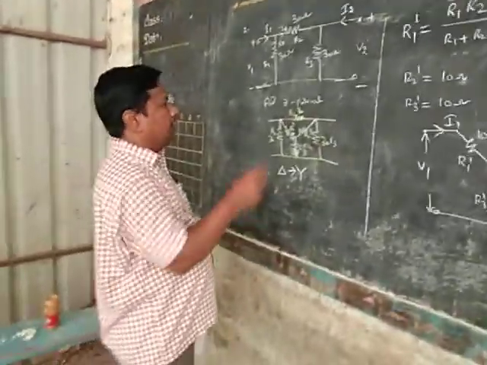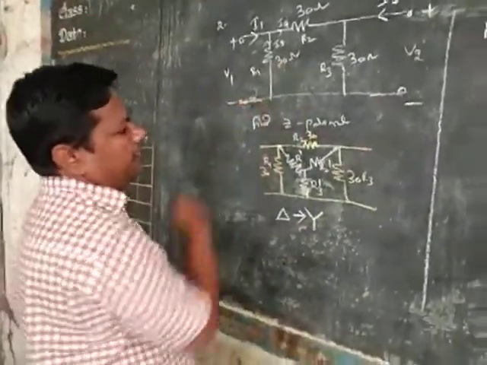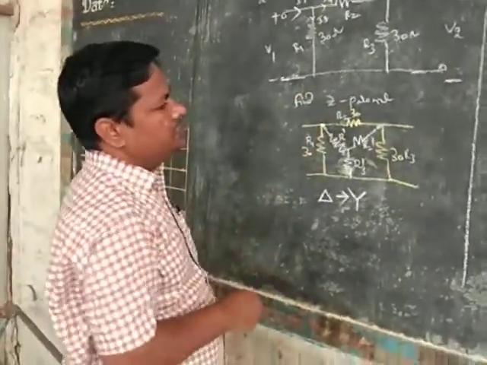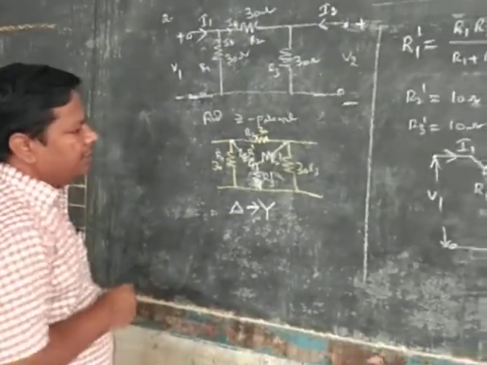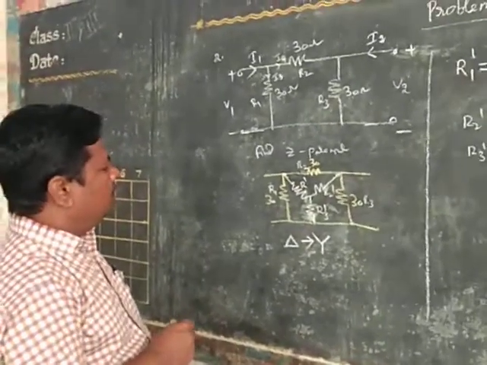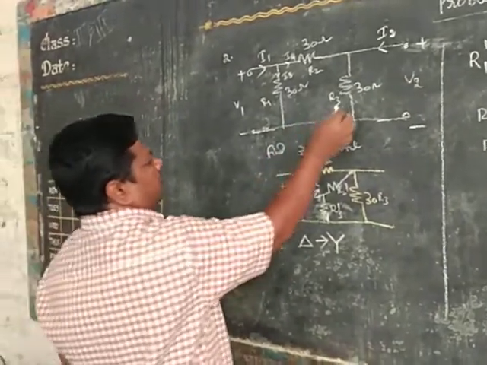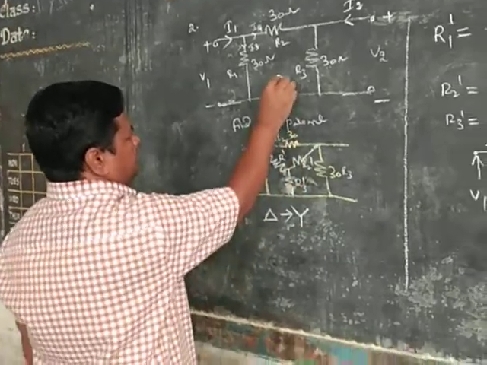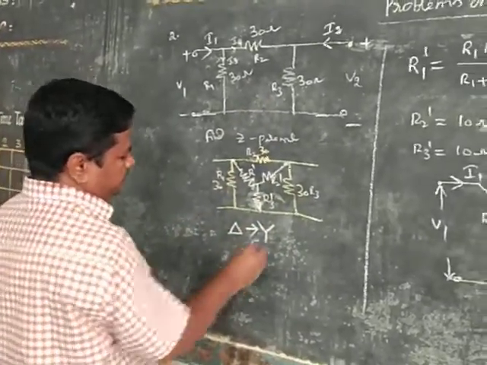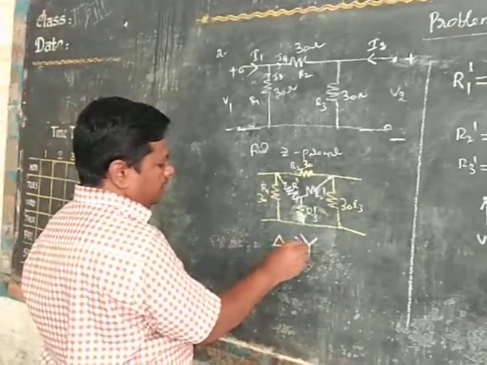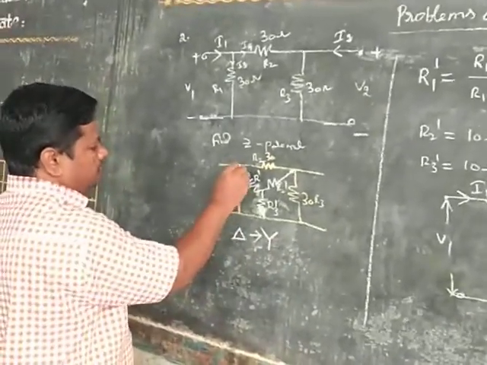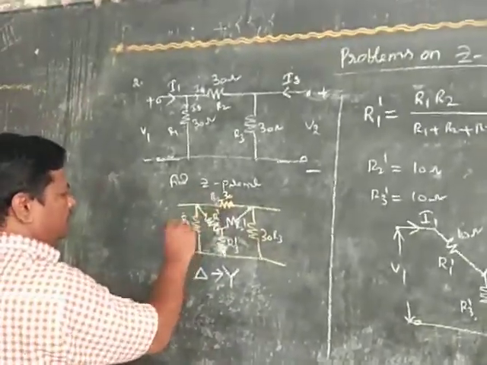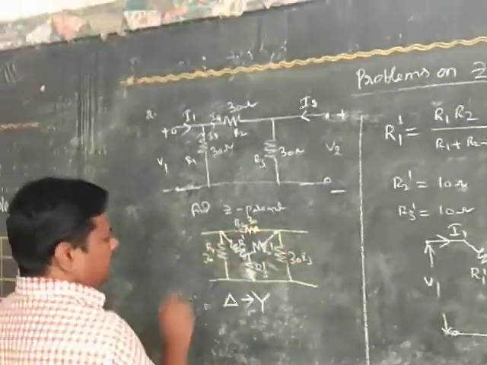Observe the structure here. The given structure is a pi network. By using current division rules and the normal procedure, it is difficult to calculate Z parameters. The simplest procedure is, this is nothing but a pi network. This pi network is converted by delta to star. Suppose R1 dash is equal to, at this node these two are connected, R1 into R2 by total resistance R1 plus R2 plus R3.